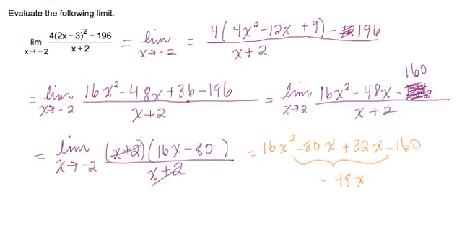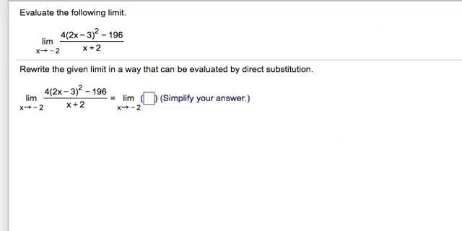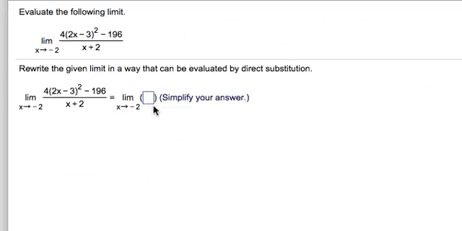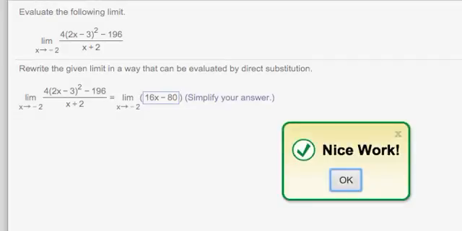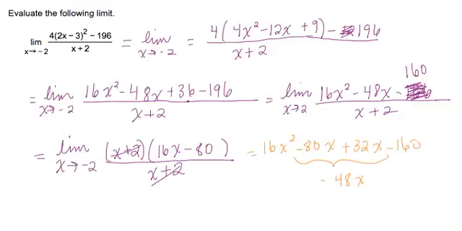So go back to my MATLAB at this point, and we can put that we've simplified it to the limit of x approaches negative 2 of 16x minus 80 right here. Okay, then to take the limit, we're going to plug in negative 2 for x.